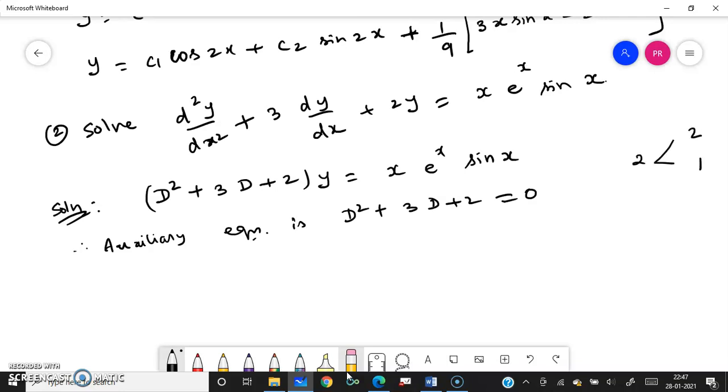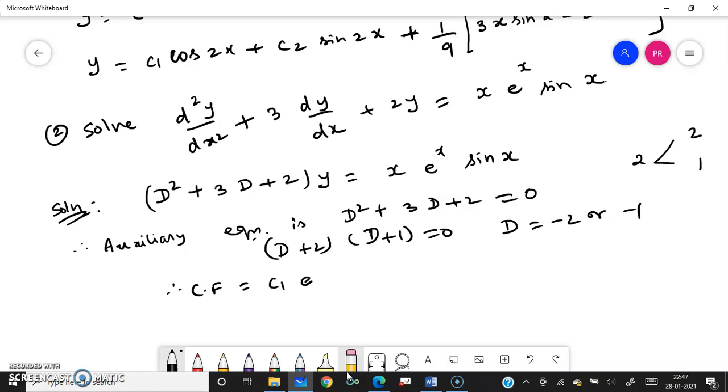2 ones are 2. Okay. So it will be d plus 2, d plus 1 equal to 0, d equal to minus 2 or minus 1. Therefore, complementary function equal to c1 e power minus x plus c2 e power minus 2x.